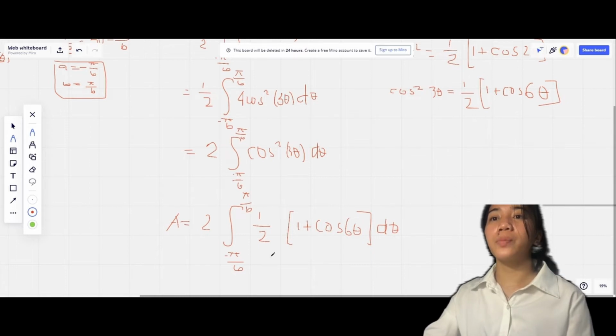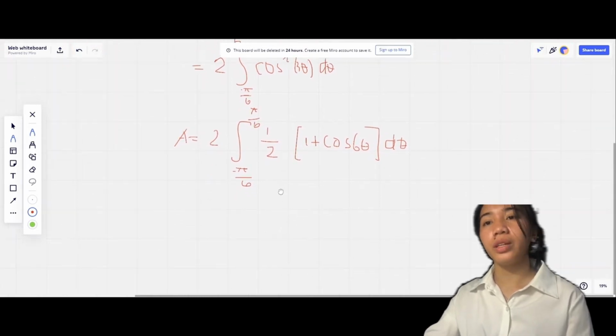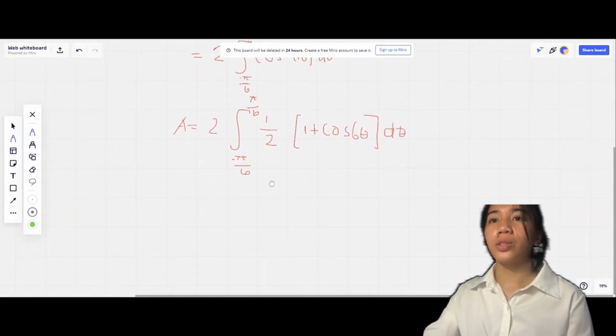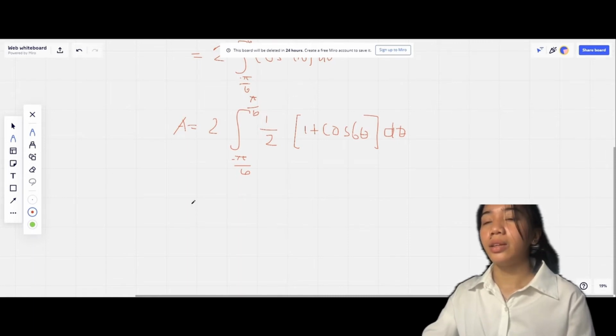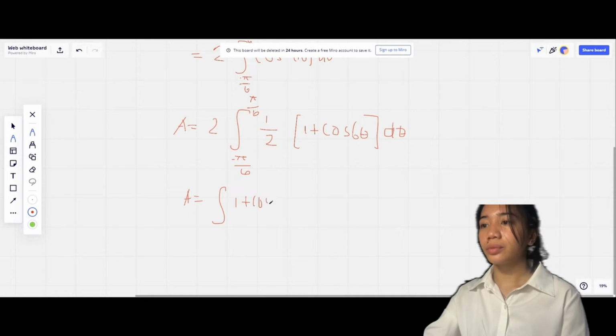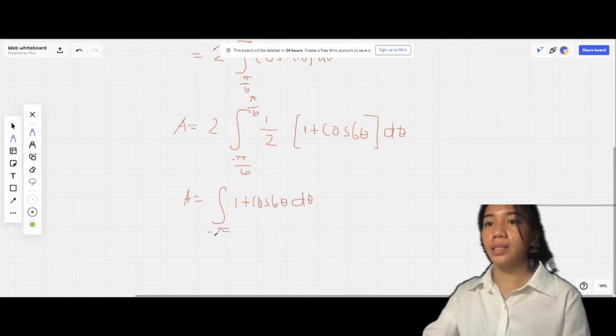So again, we will just put the constant 1/2 outside the integral. So we now have 2 times 1/2 is equal to 1. So we will just disregard the 1 and write the integral of 1 plus cosine 6 theta d theta from negative pi over 6 to pi over 6.